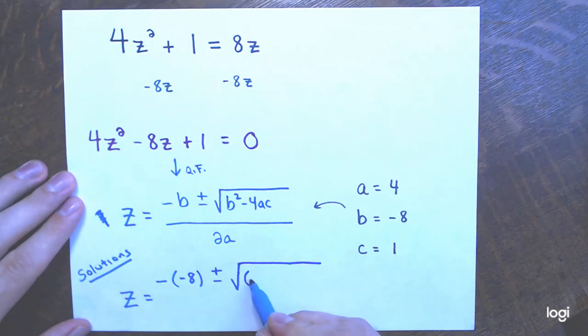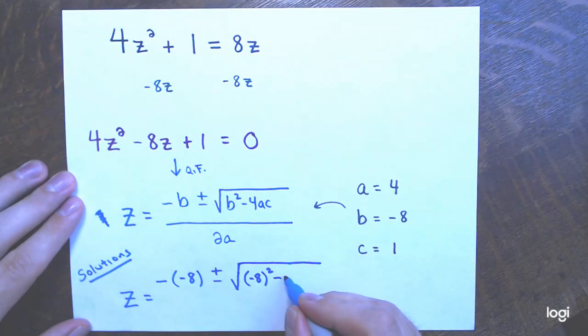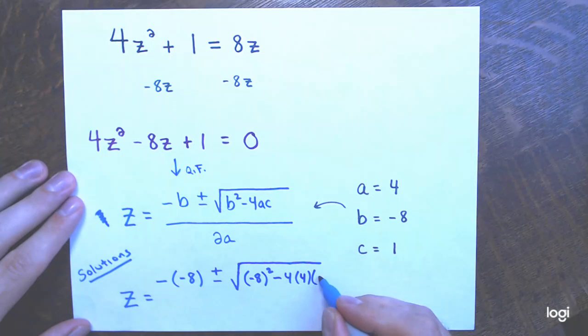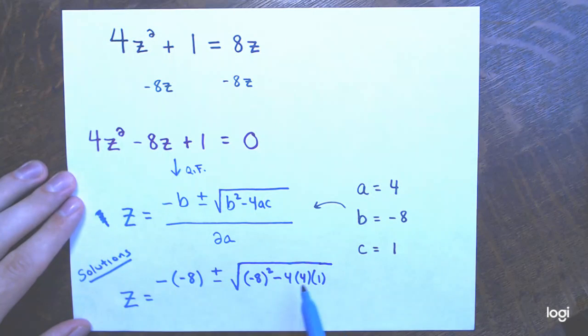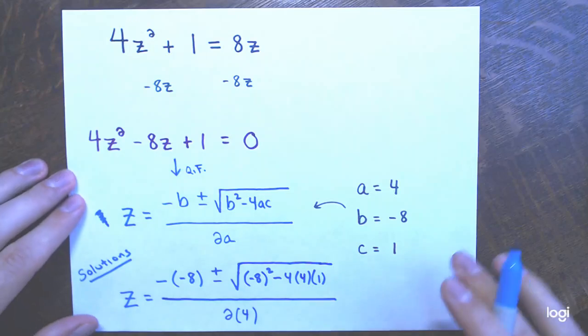So -8 squared. -8 times -8, that'll be positive 64, minus 4 times a, 4 times 4, times c, right? Times 1, all in the square root, and then everything I just wrote is in the numerator, divided by 2 times a, divided by 2 times 4. All right.